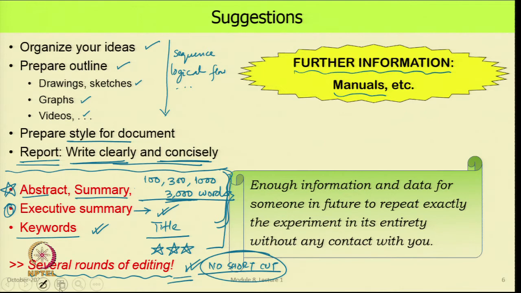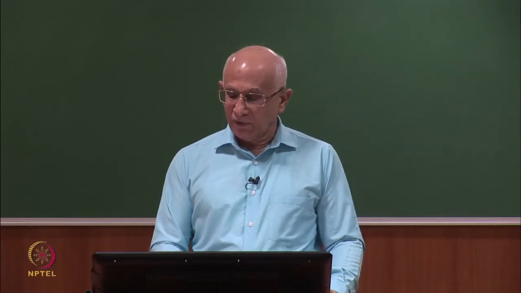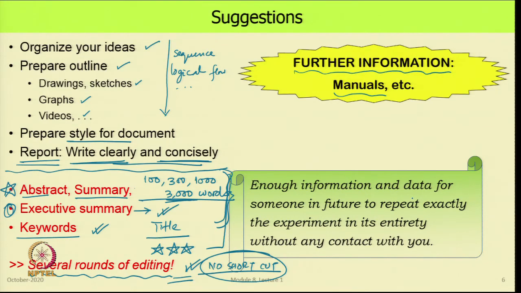And finally, some very important piece of advice: in order for your work to be appreciated, one of the underlying important things is that we should give enough information and data for someone in future to repeat exactly the experiment in its entirety without any contact with you.